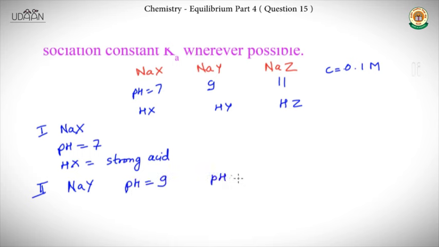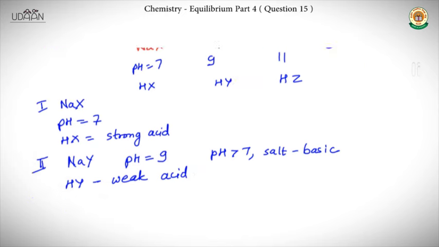Since pH is greater than 7, the salt is basic. So salt hydrolysis takes place and the solution is basic, which means that since the base is a strong base, the acid has to be weaker. So HY is a weak acid.